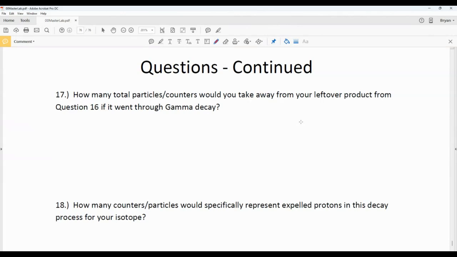So we don't really have a notation for this. Normally, we just kind of throw gamma down, and gamma 1, gamma 2 if there are multiple different gamma rays that are released. If we wanted to put a notation to it to make the equation work out better, then technically we'd have 0 protons, 0 particles, 0 anything.